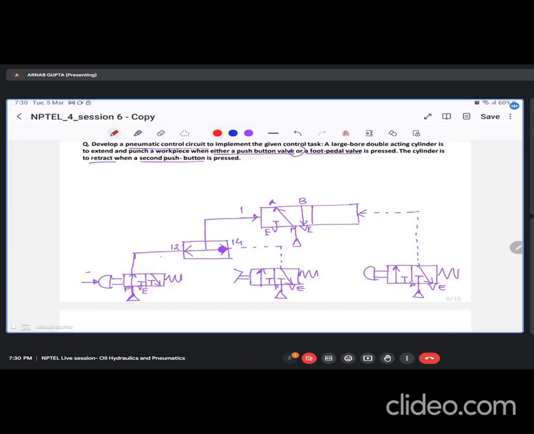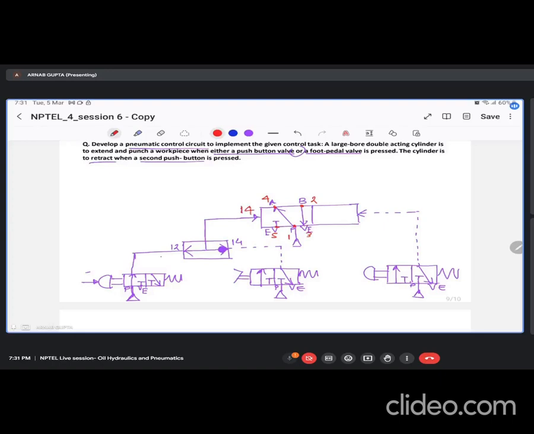So suppose this P port is your 1 port, and B and A are basically 2 and 4, and the 3 and 5 are the 2 exhaust ports. So if your 1 is connected to 4, then this signal is basically 1 4.